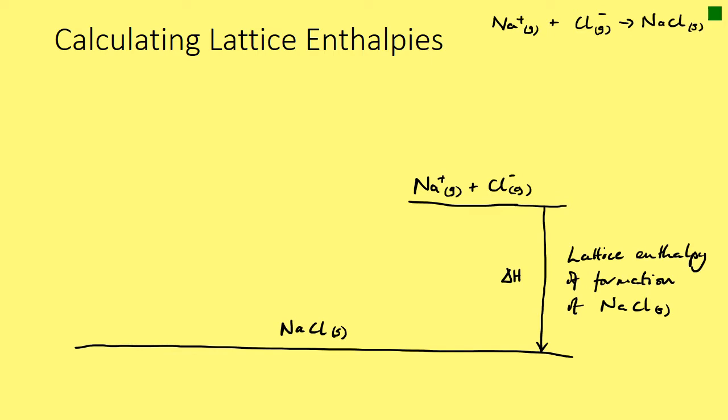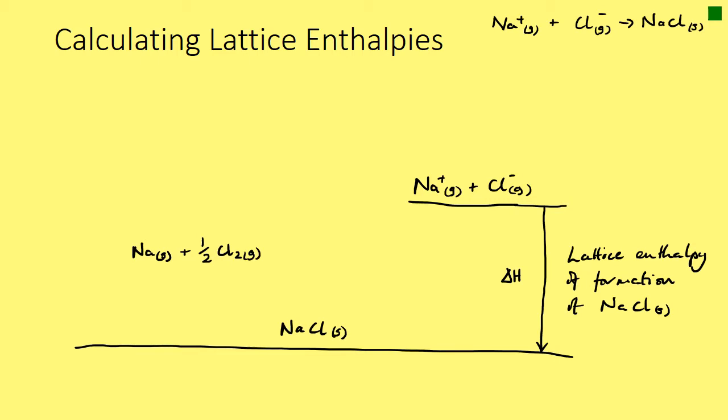Now, from year 12, you'll remember a slightly different definition of an enthalpy of formation. In year 12, our enthalpy of formation started off with elements in their standard states, when we were doing Hess cycles. So in the standard state, sodium is solid, and chlorine exists as a Cl2 molecule in the gaseous state.